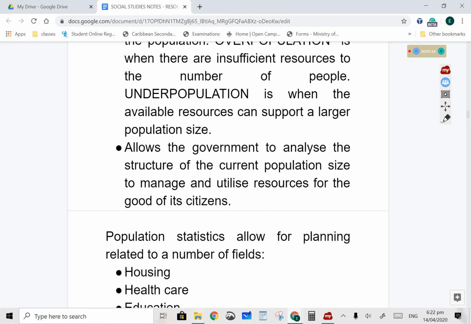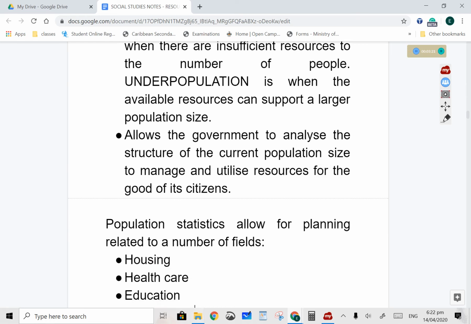So we have Caribbean countries where you have underpopulation, and they actually encourage citizens from around the Caribbean and around the world to come and live there so that they can provide means of shared information, shared skills, etc.